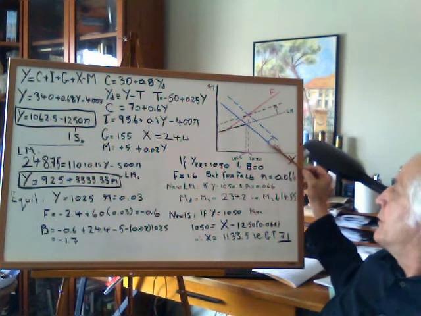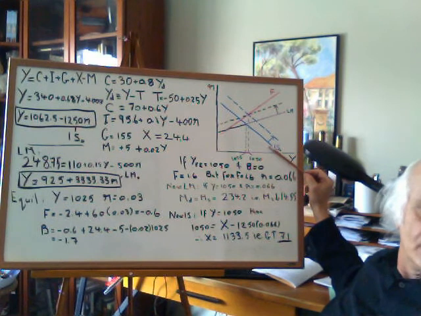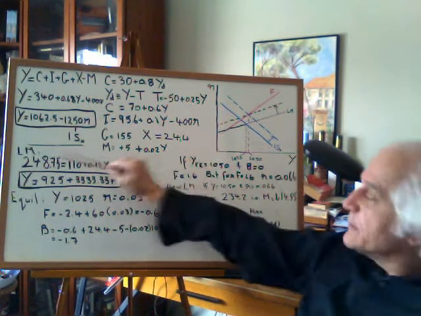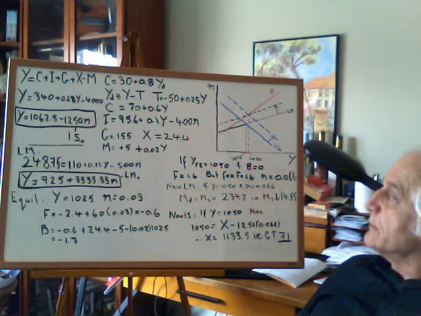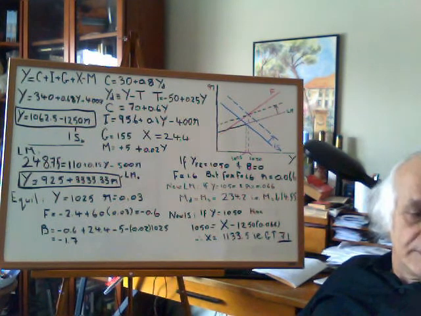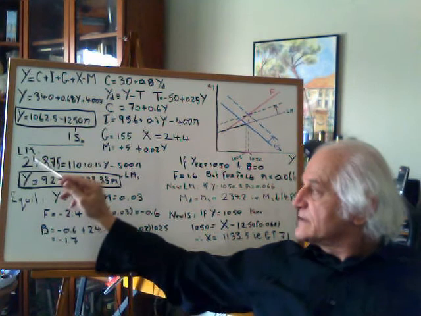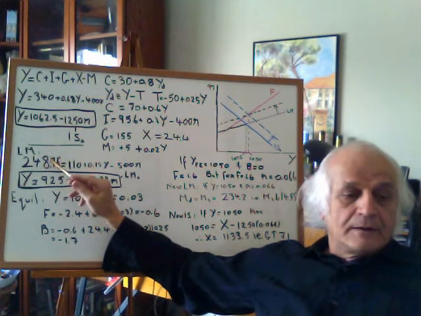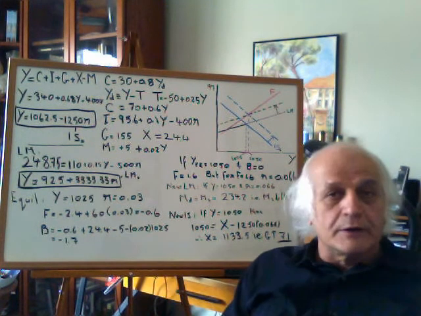This is the IS sub 0. The LM expression right now is even simpler, because remember, we know the demand for money. This is M sub D, but M sub D, the demand for money, is equal to the supply of money, right?